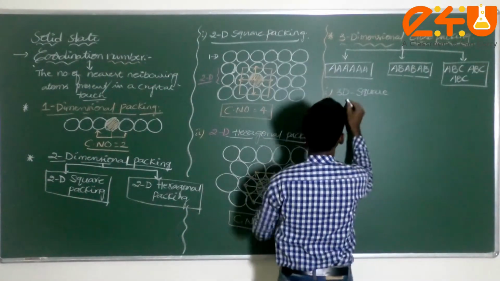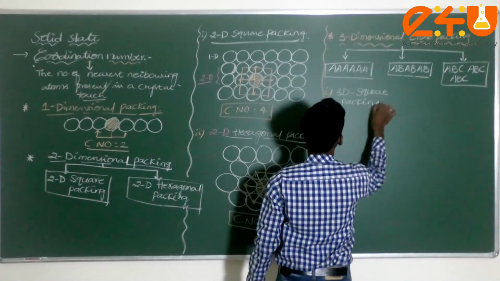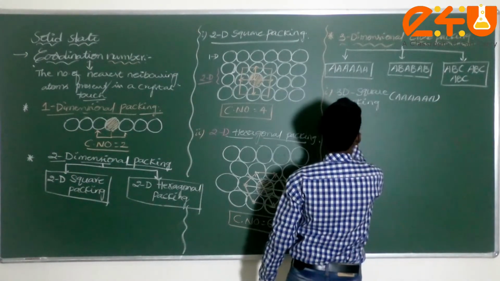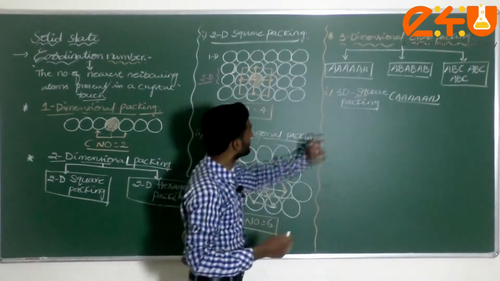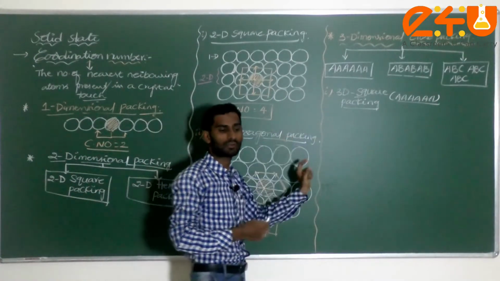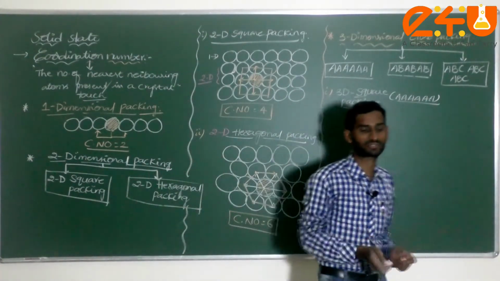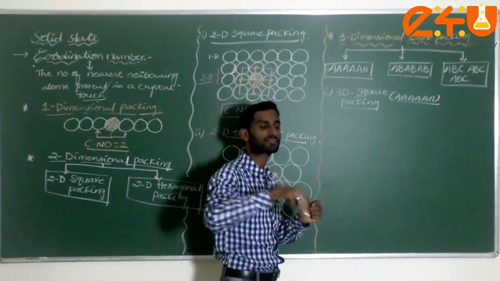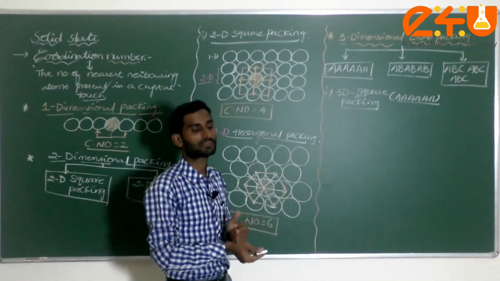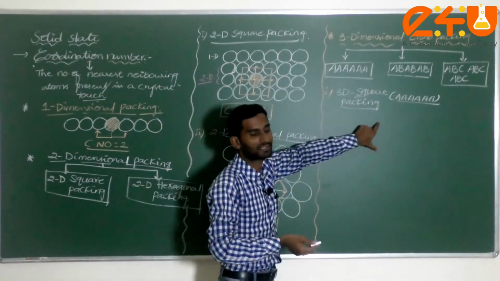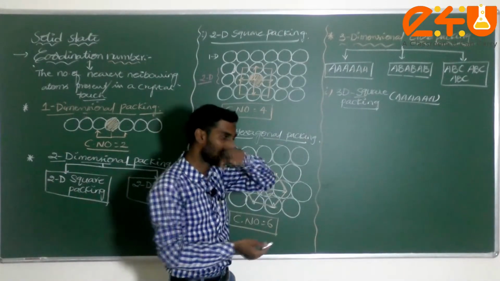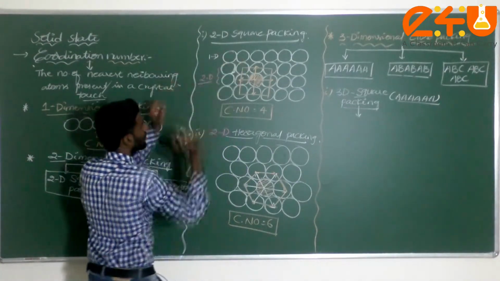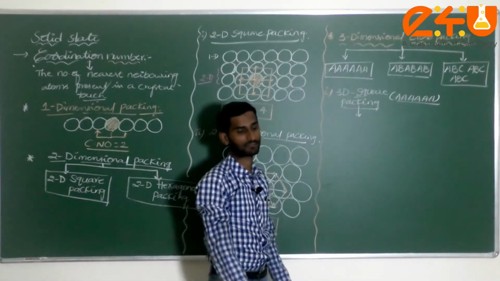In the bracket I mentioned AA. Now if you want to understand or draw the 3-dimensional close packing or 3-dimensional structure, first of all you need to draw 2-dimensional, then after that you have to insert the third layer over the 2D layers. The same thing we discussed, 2D square packing, here I am considering 3D square packing. Am I correct?